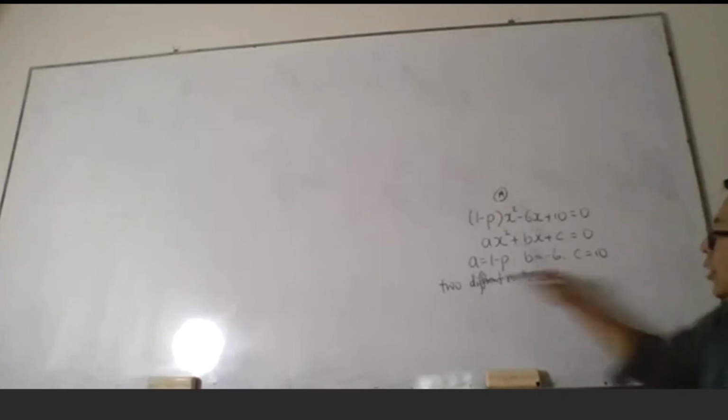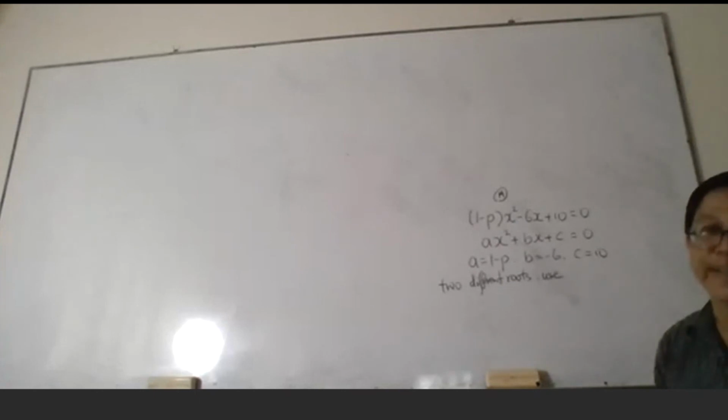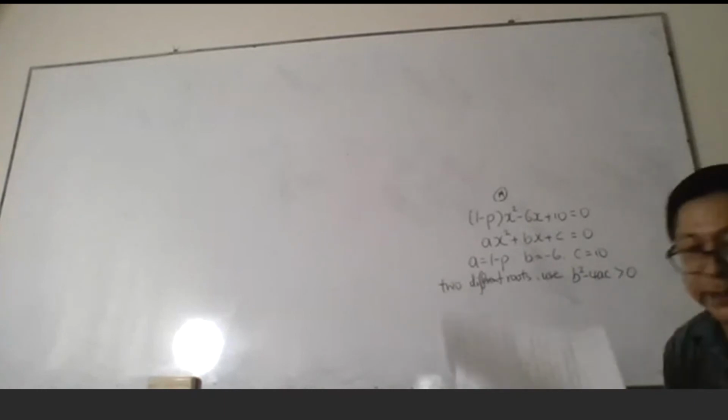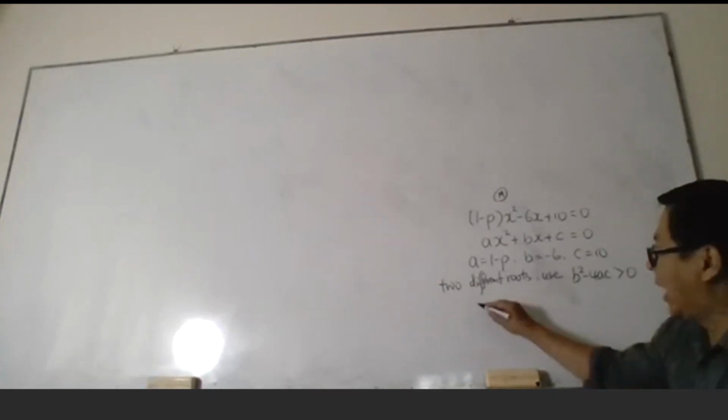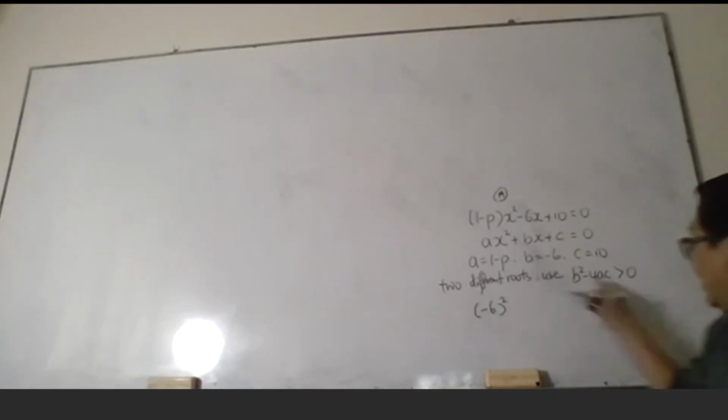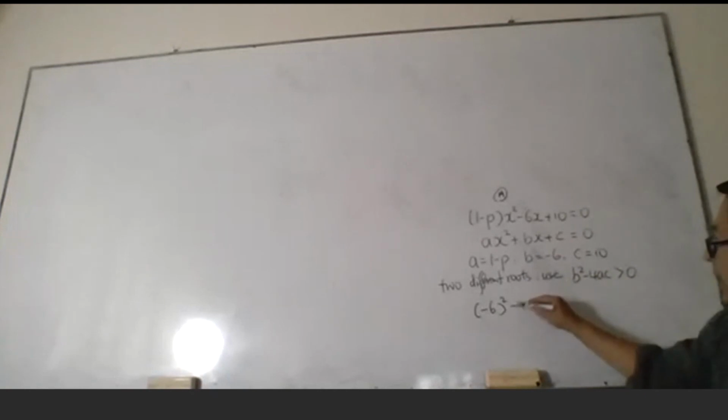So for two different roots, or two distinct roots, I'm going to use b squared minus 4ac greater than 0. Now I will put in the values for a, b, and c.